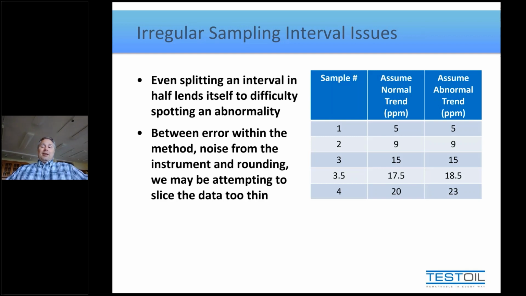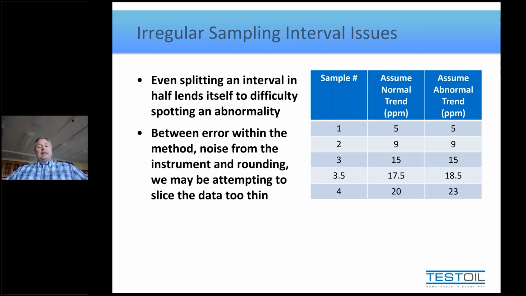And to be honest, we don't report decimals on this data. It'd be rounded to the nearest whole number. So both of those results could come back as 18, depending on the exact value behind it. And what did you just learn? Nothing. You don't know if the trend is normal or abnormal. So wait a normal interval and don't get your data too soon.